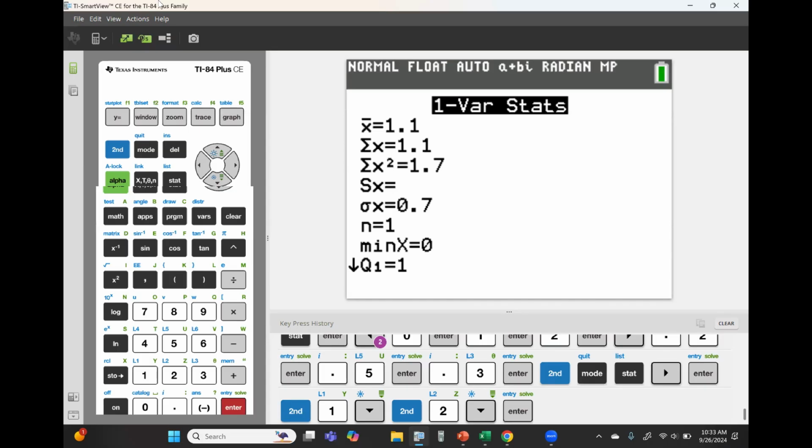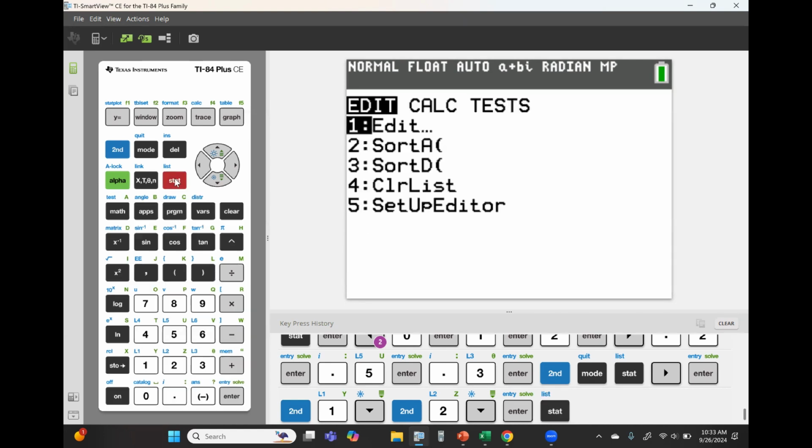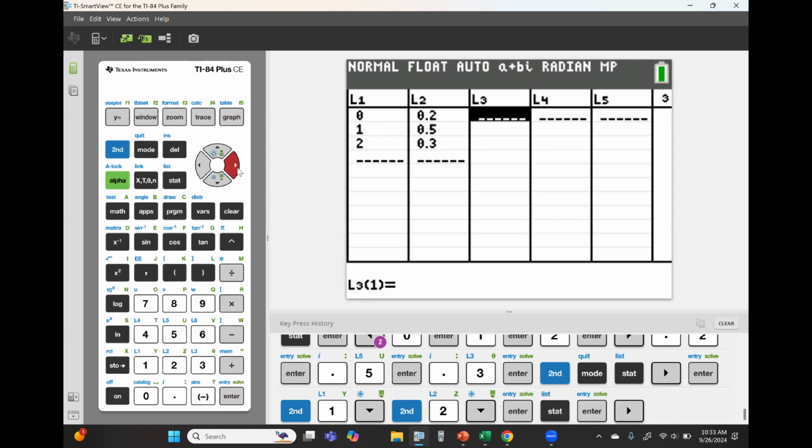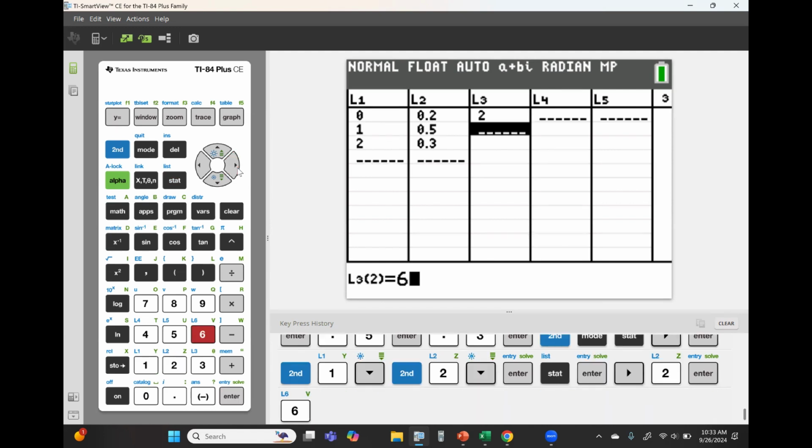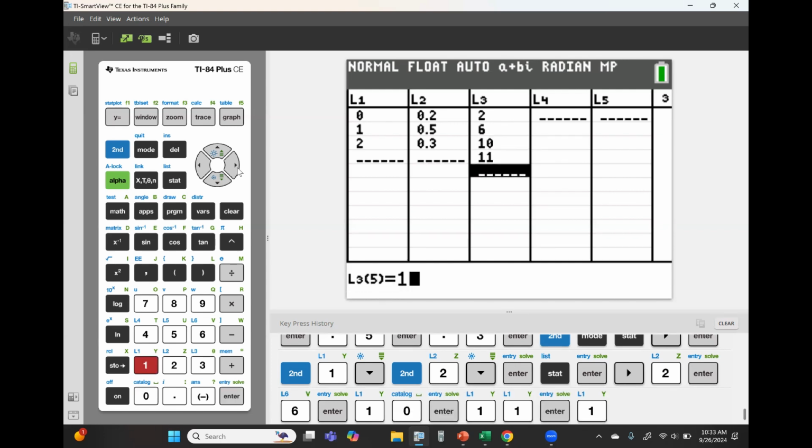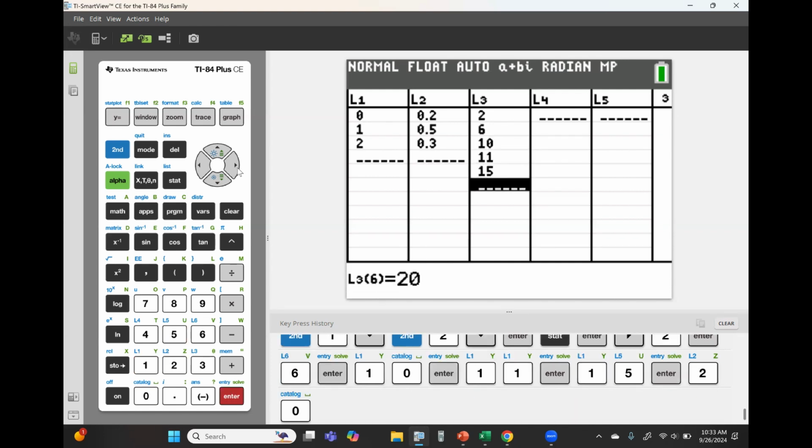Everybody awake? What did we have? 2, 6, 10, 11, 15, and 20. Is that correct? Okay. Can your calculator calculate this for you?